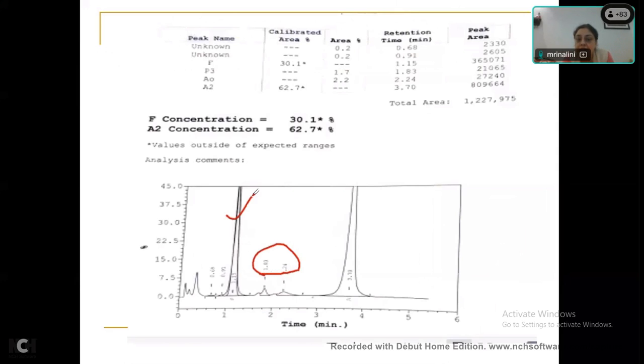You only have HbF and a hemoglobin in HbA2, and it is not beta thalassemia trait, because in beta thalassemia trait, HbA2 does not go beyond 9%. Mostly the maximum seen is 7%, but the literature says that till 9% you should consider heterozygous beta thalassemia, and this is 62.7%. So that means we are dealing with some other hemoglobinopathy.